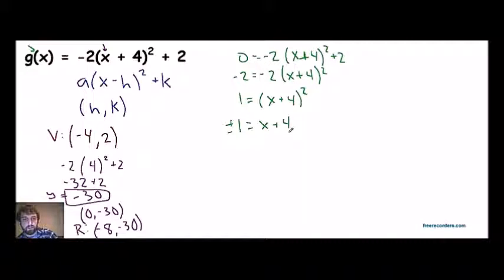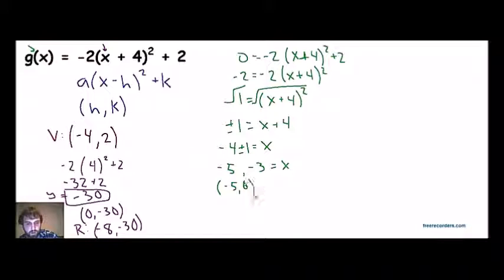Just a side note, I took a square root in case you skipped that. So then I end up with negative 4 plus or minus 1 equals our x values. So our x-intercepts, if I subtract, would be negative 5. If I add, would be negative 3. Those are our 2 x values, giving us the coordinate points of negative 5, 0, or negative 3, 0. Once again, we have 5 coordinate points now. Yay! There's 2 of them, there's 2 of them, and there's our 5th one.